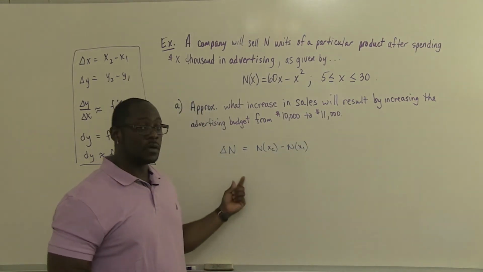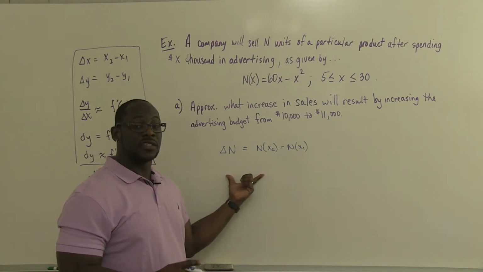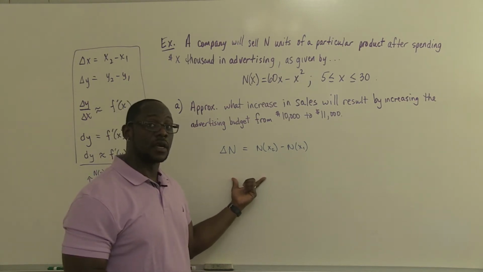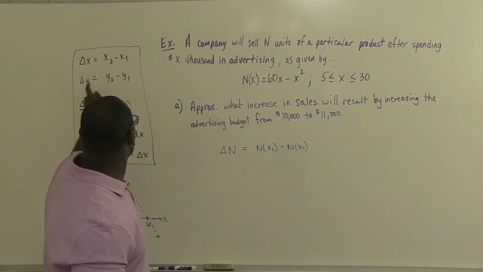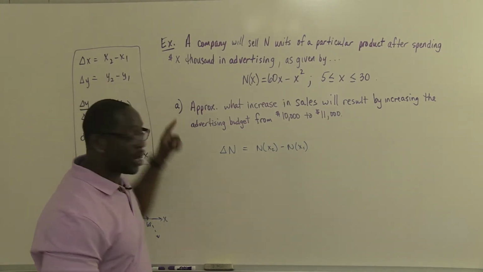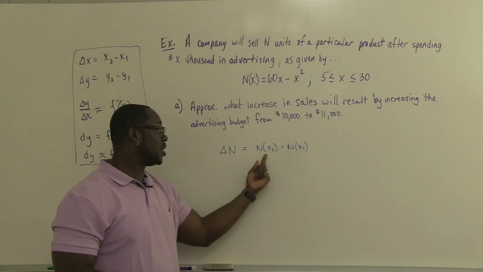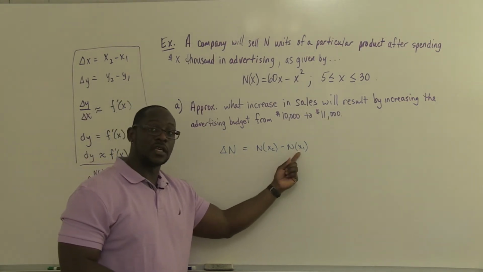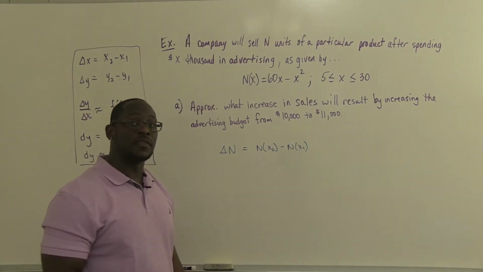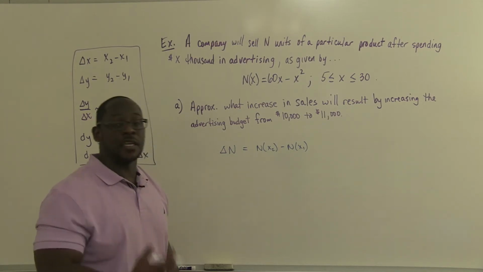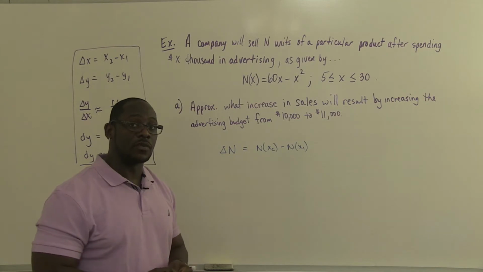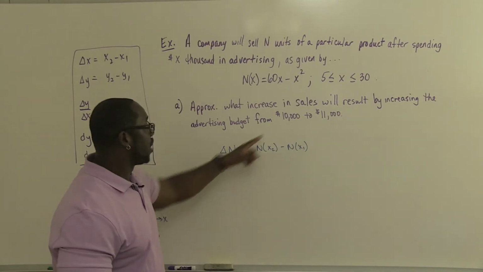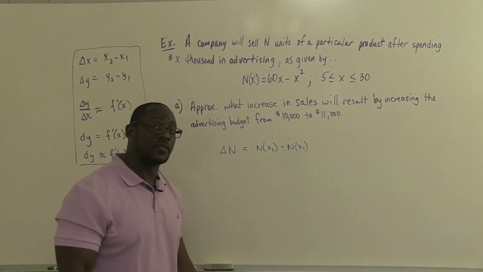This is what is actually saying to approximate. Okay, if we did the change in y2 minus y1, or in this case, the change in N of x2 minus N of x1, we will be finding out the exact increase in the amount of sales, or the amount of units that will result as of changing the budget from 10,000 to 11,000.